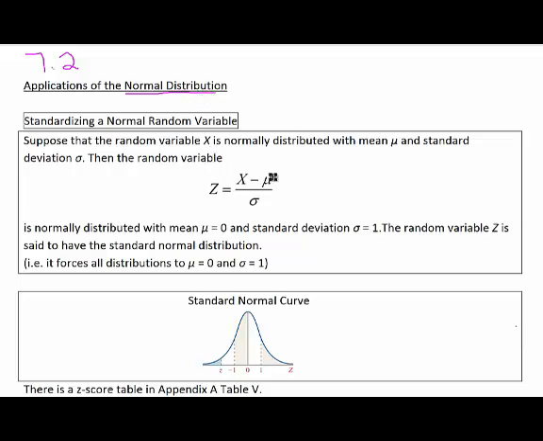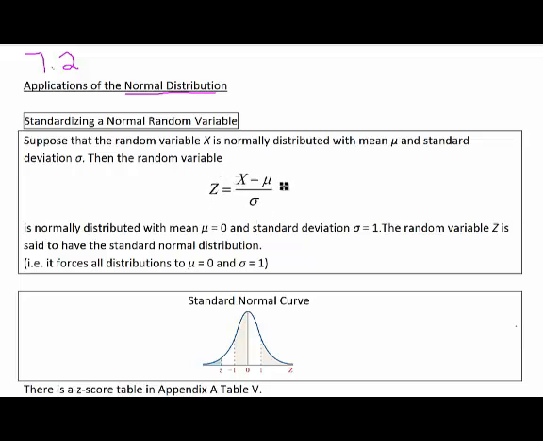So the standardizing of a normal, this is the formula. And so what we can do with this is we can change any type of data that we have, whether it's the weight of giraffes, or the height of a person, or anything, IQ scores.